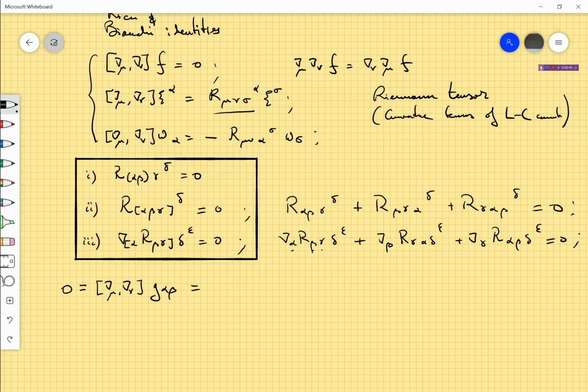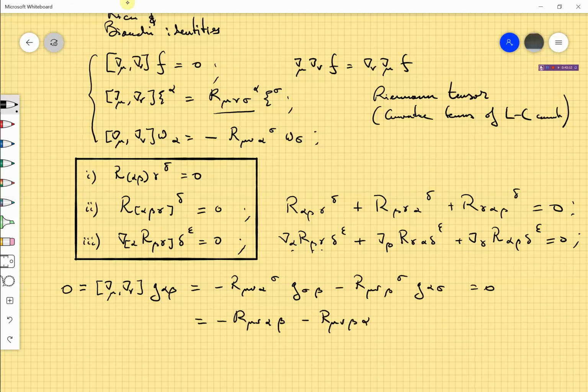But according to the general Ricci identities, this is minus R mu nu alpha sigma G sigma beta minus R mu nu beta sigma G alpha sigma. So this is equal to 0. And you see that this is minus R mu nu, and now I use the metric to lower this index, nu beta alpha, and this is minus 2 R mu nu alpha beta, and this is 0.